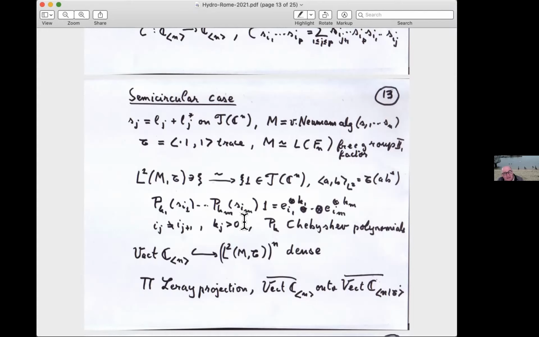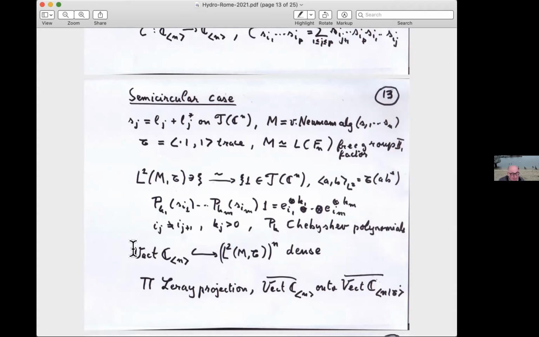Then this, when I apply it to one, I'm getting e_i1 tensor k1, tensor e_im tensor km. It is the same thing for the free case that you would have in the classical Gaussian case, what you would have with Hermite polynomials. This is the stuff about Wick ordering and what it becomes in this free context. Here you have Chebyshev polynomials.